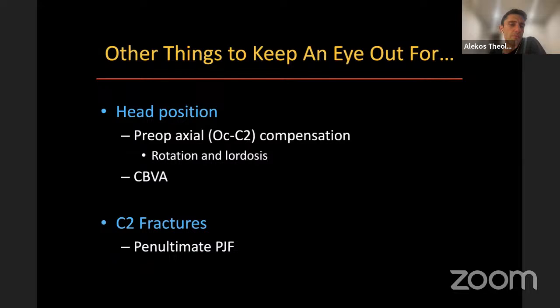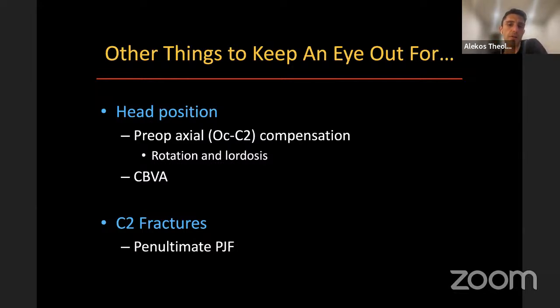I won't belabor the point of all the different complications, but just some clinical tips I've observed over time to keep an eye out for. So when patients are using the upper cervical spine to compensate for their deformity, there's both the hyperextension through the OC to C2 or C0 to C1, but there's also a head tilt, which is C1 to C2, that people use to maintain a horizontal gaze.